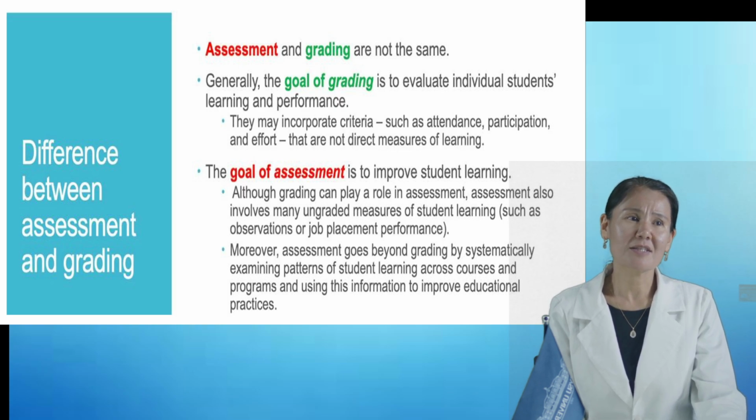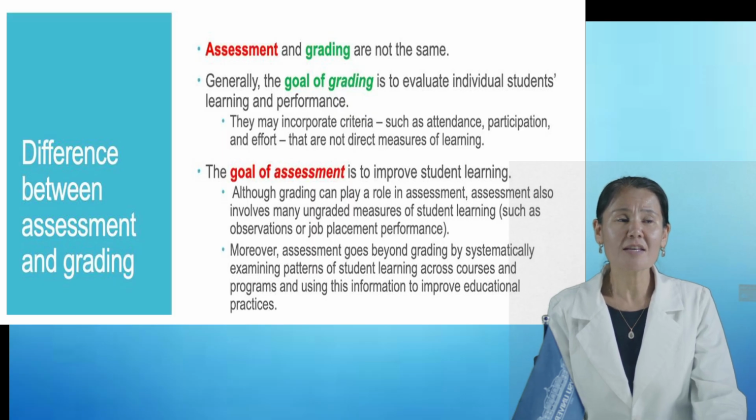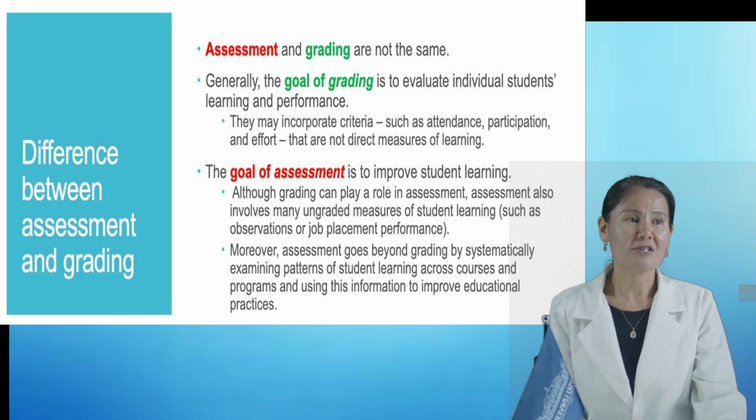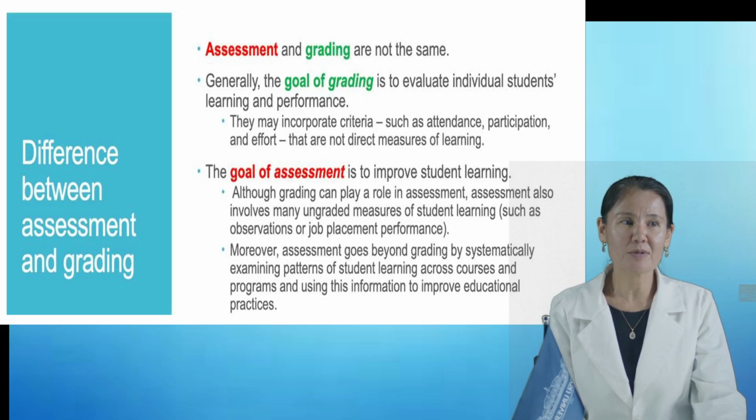Generally, assessment and grading are not the same. The goal of grading is to evaluate individual students' learning and performance. They may incorporate criteria such as attendance, participation, and effort that are not direct measures of learning. And the goal of assessment is to improve student learning.